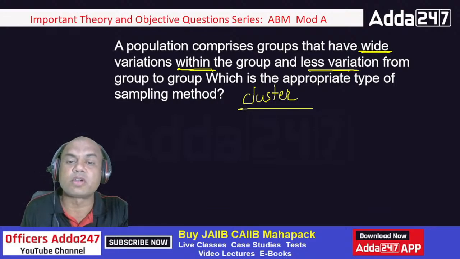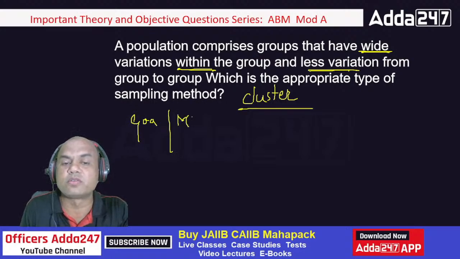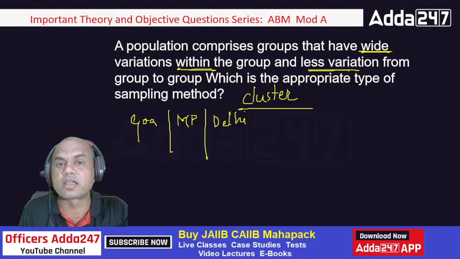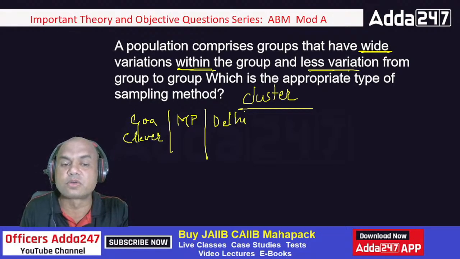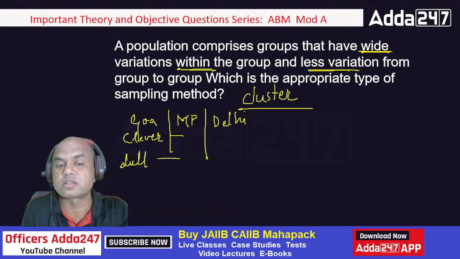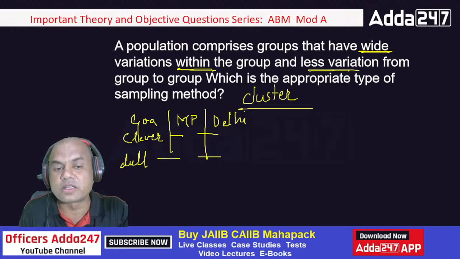Because what did I tell you about cluster? Goa students on one side, MP students on one side, Delhi students on one side. What am I doing? I'm gathering them as per their areas. So here there can be a clever student also, there can be a dull student also. So huge variation within the group.